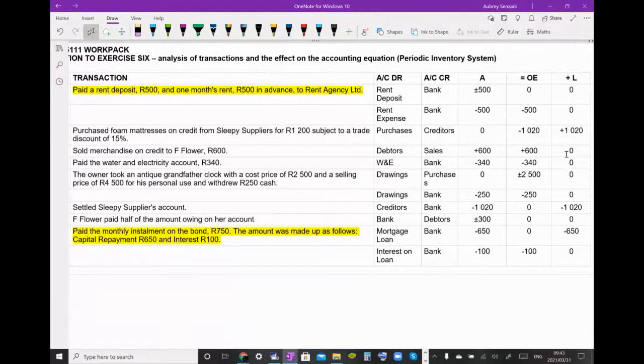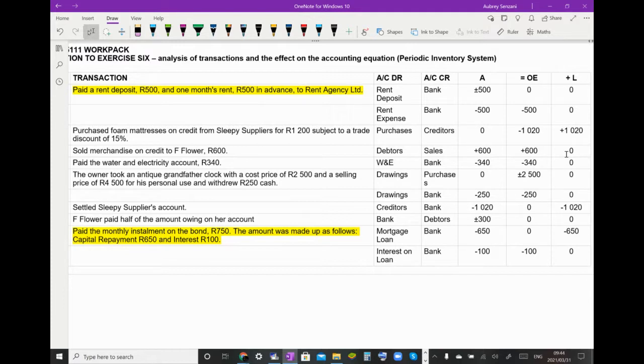Okay, right, great. Then we also had, he did drawings for cash, 250. So drawings again, we're debiting bank this time because it's cash. Negative there for drawings, negative because our bank account is decreasing. And then what happened? Settle Sleepy Suppliers account.